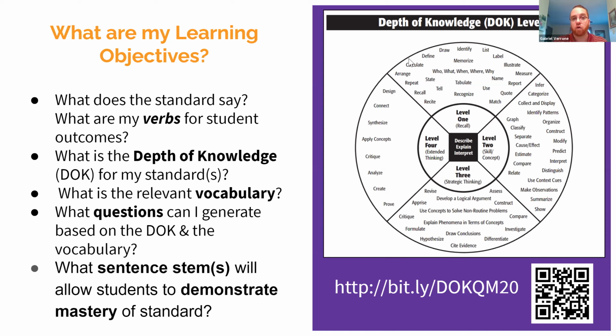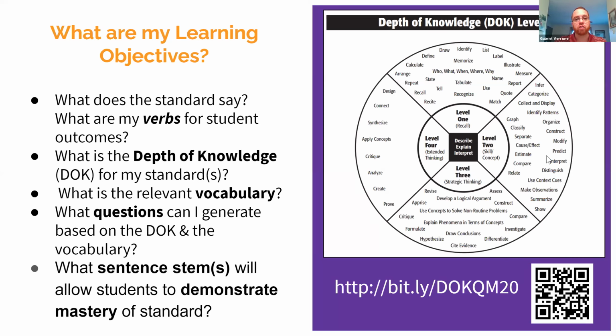Once you see the verbs, you can say to yourself, oh, this is a level 1 TEK, a relatively easy one. Chances are I'm going to ask relatively easy questions in the top left of the question matrix. If I'm at level 2, then I'm going to move down to some harder questions.